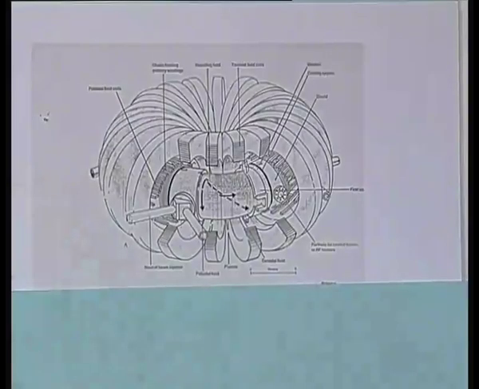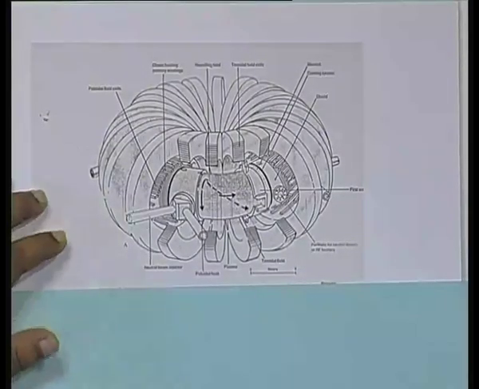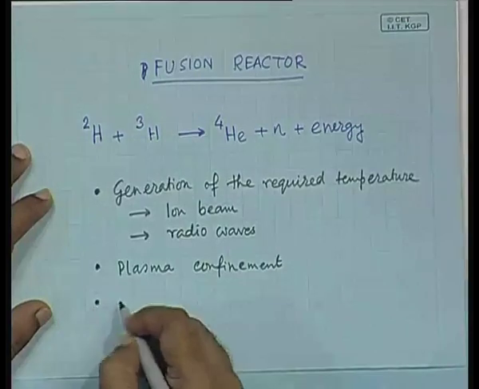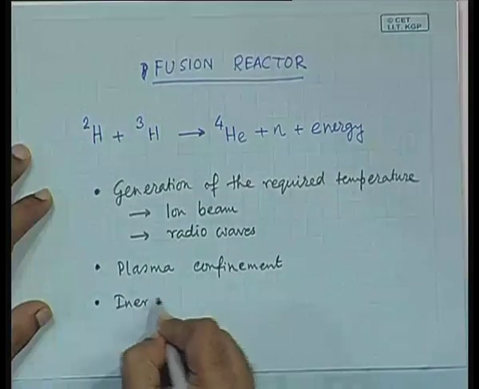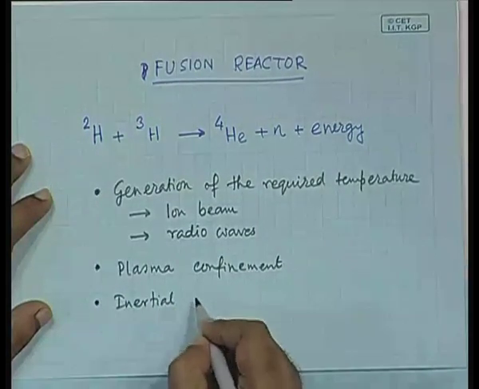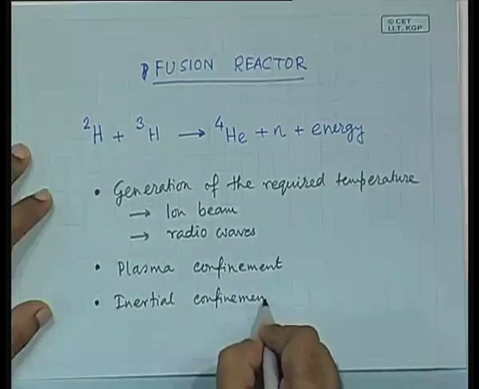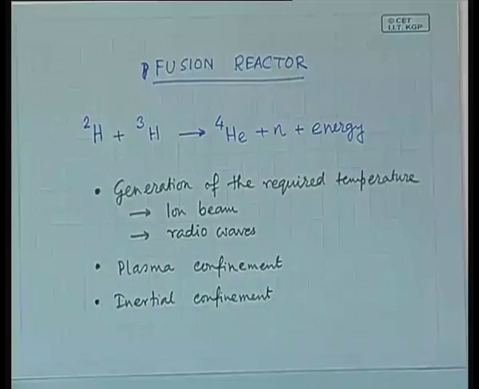Now, this is the concept of magnetic confinement, which people are trying in various places to do by the tokamak reactor. The other concept is called inertial confinement. In the inertial confinement concept, we do not produce a plasma at all.